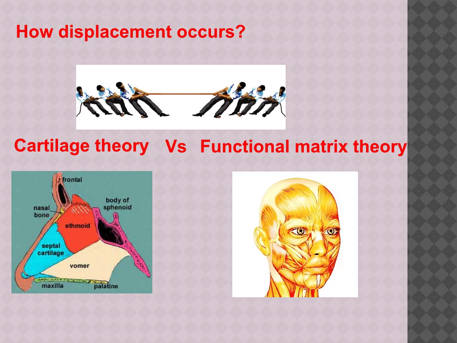However, functional matrix theory says that with adult size being achieved, you are utilizing your nose more for breathing, more function, and since the function and the space is going to grow in size, therefore the surrounding bony structures will also grow. So again, we still don't know which theory grows the best.